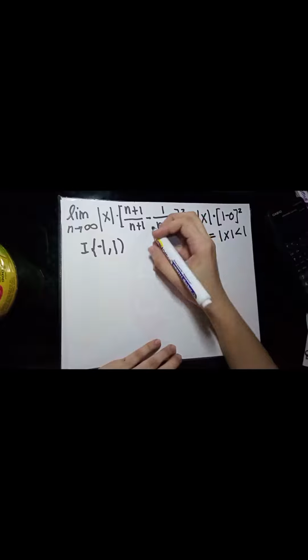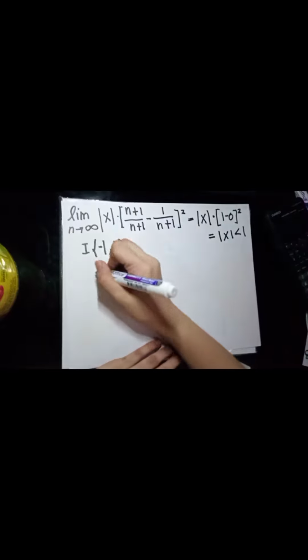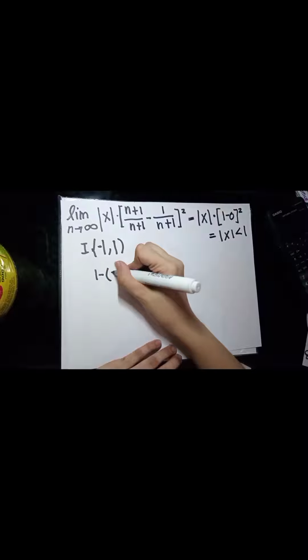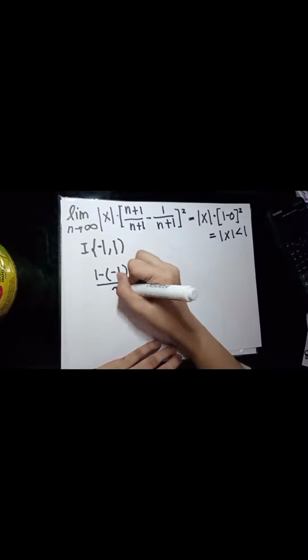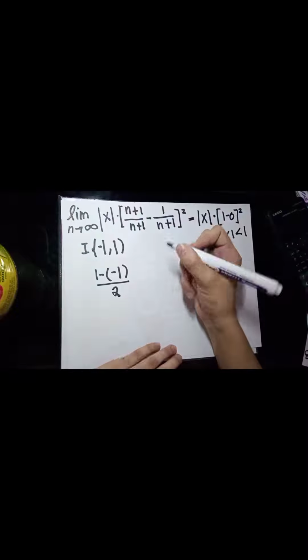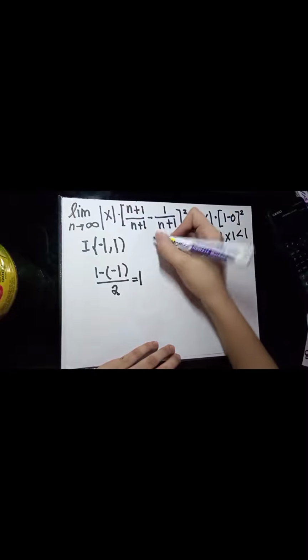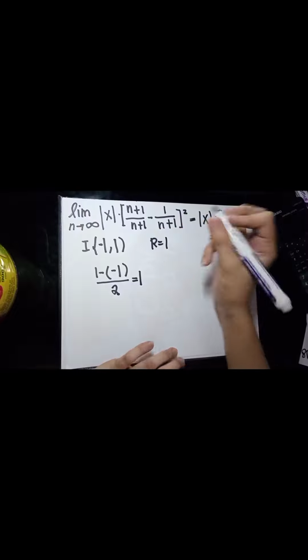And for the radius of convergence, let's have 1 over 2, so this will equal 1. So the radius is equal to 1.